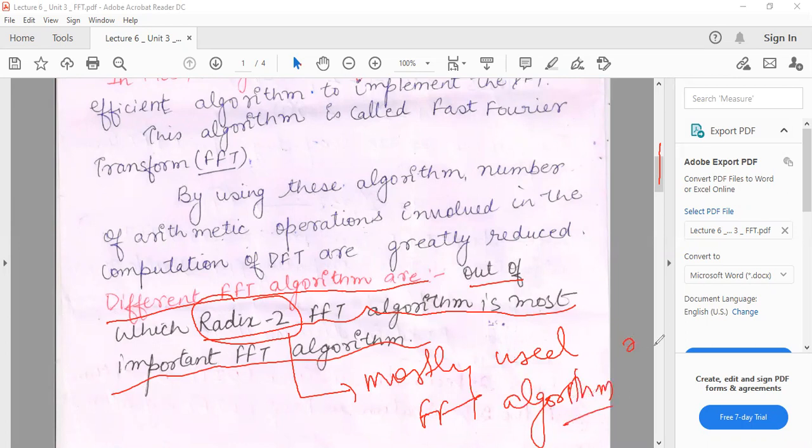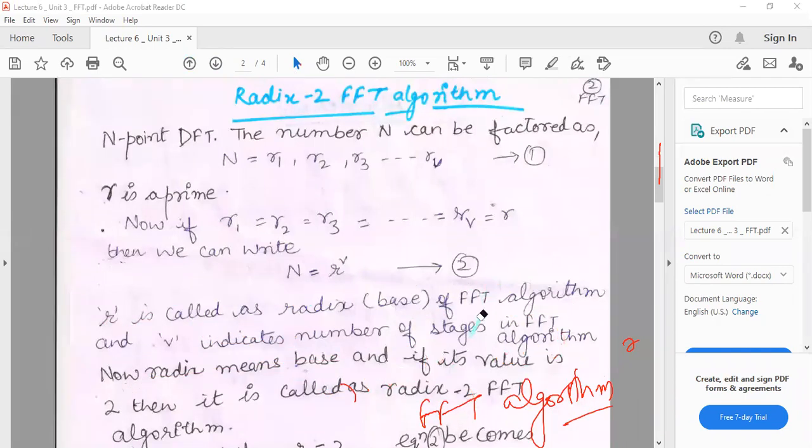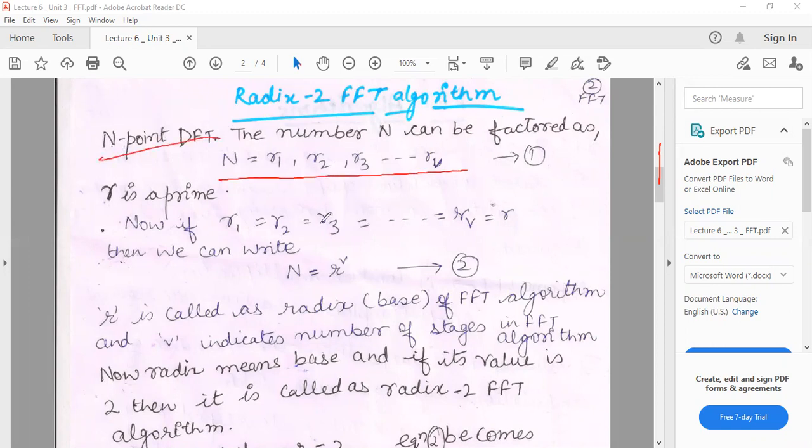Now let us see what this is. So what is a Radix-2 FFT algorithm? A Radix-2 FFT algorithm is an algorithm in which we can find the N-point DFT of the given sequence, given signal.